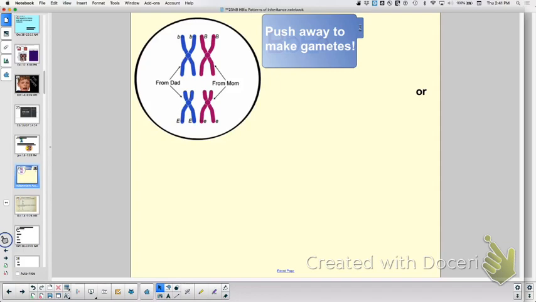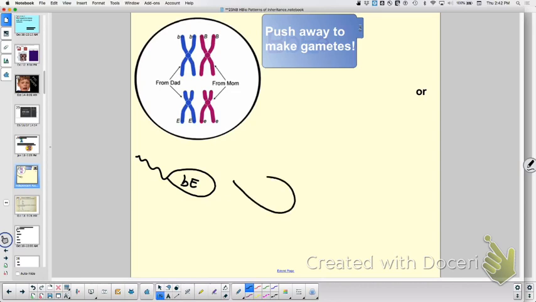When we looked at this example, we said, what if these homologous pairs lined up in this way? If this person is making sperm, then the type of sperm you would make is little b with big E, or what's another type of sperm you could make? Big B, little e.